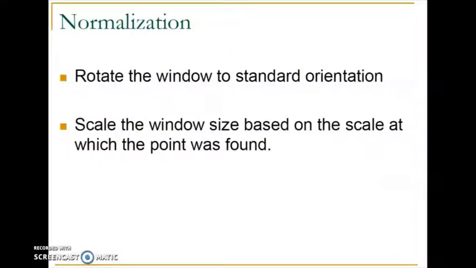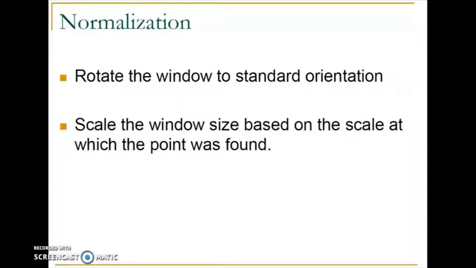The next step is normalization. In this normalization step, we rotate the window to a standard orientation that we have already found based upon the information that we had. And the second step is that we need to scale the window size based upon the scale at which the point was found.